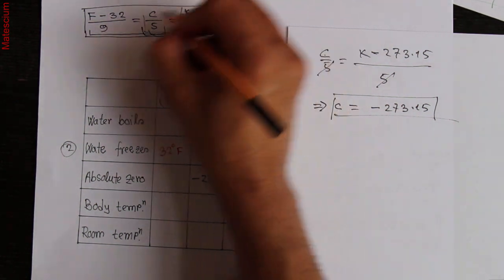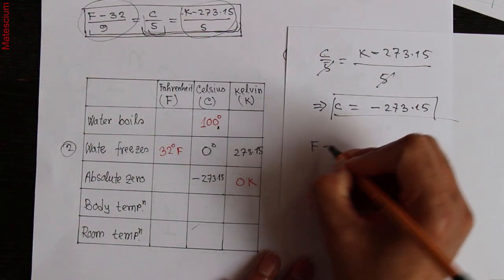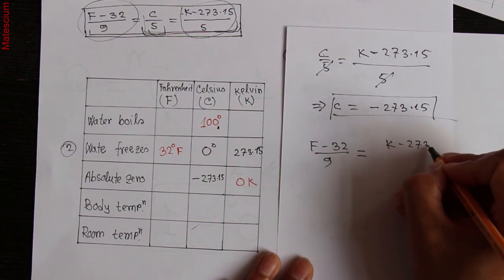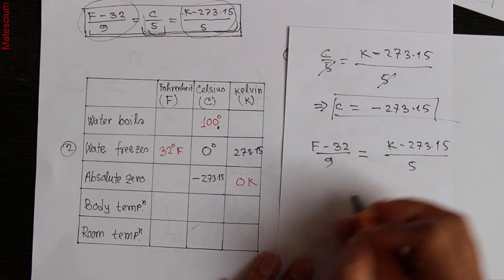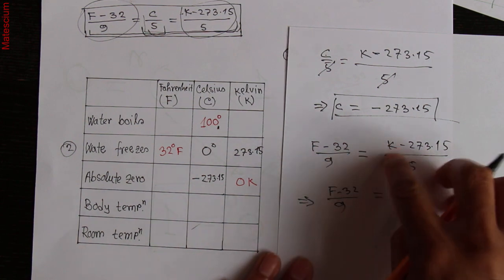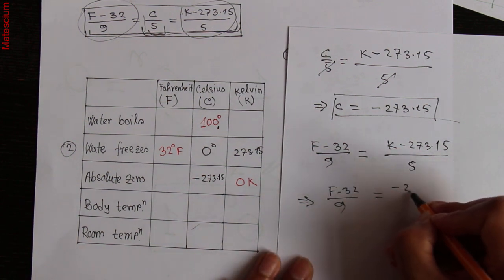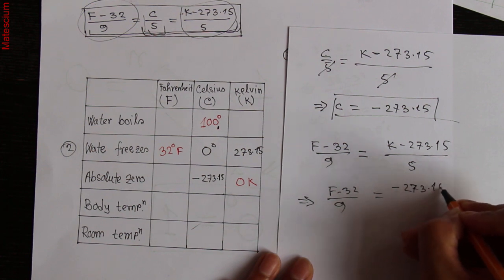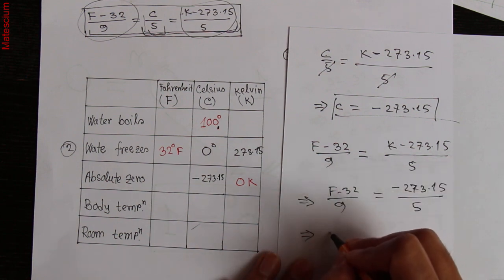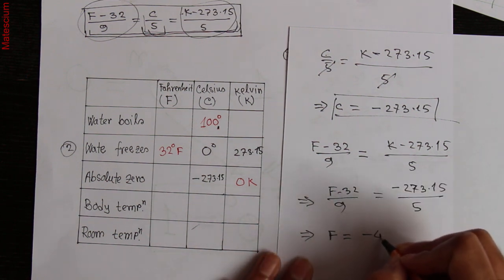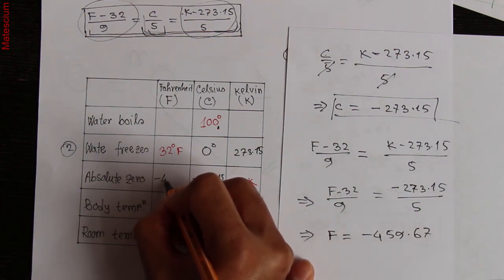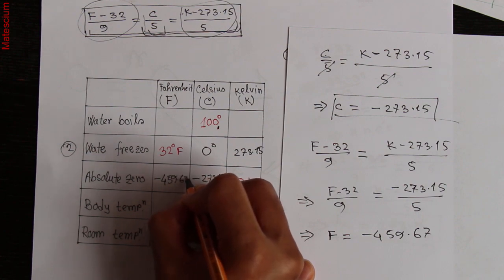So how much is 0 Kelvin in Fahrenheit? We are using this part of the formula and that part of the formula. That means (F minus 32) over 9 equals (K minus 273.15) over 5. So (F minus 32) over 9 equals, with K being 0, this part becomes minus 273.15 over 5. If we calculate this whole calculation, it will be F equals minus 459.67. Yes, minus 459.67.